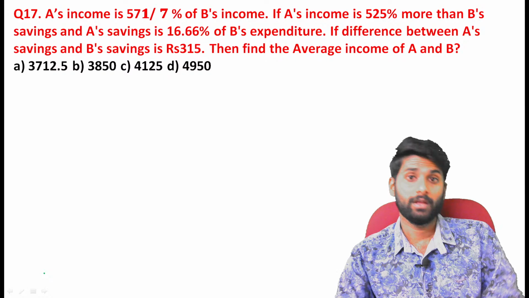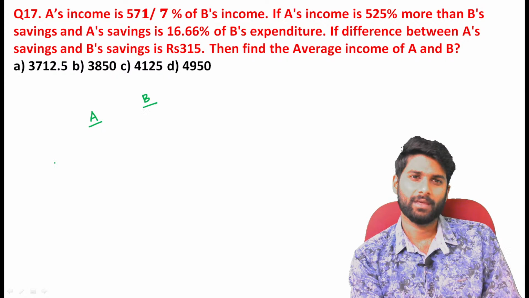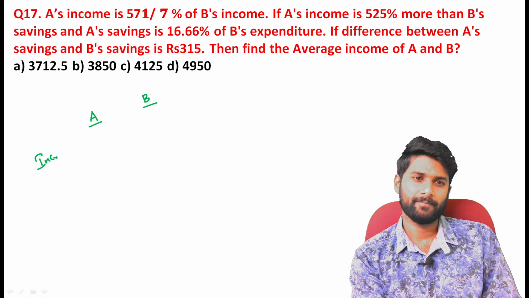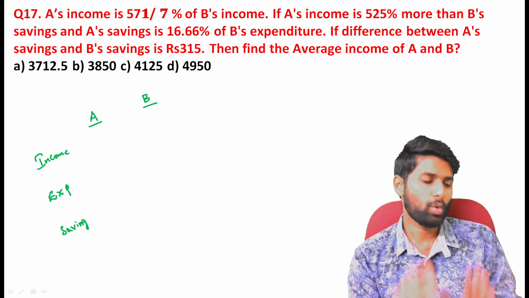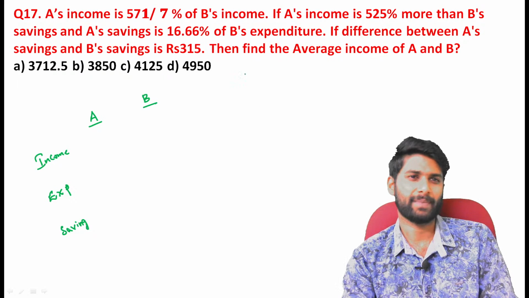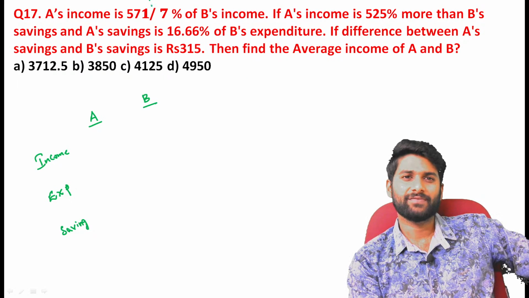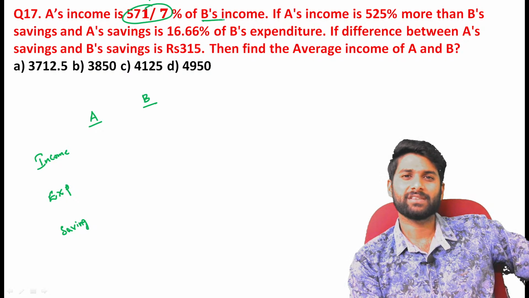Now there are persons A and B, and they deal with income, expenditure, savings. Now, how I consider the calculation. First part, A's income is 57 1 by 7 percentage of B's income.